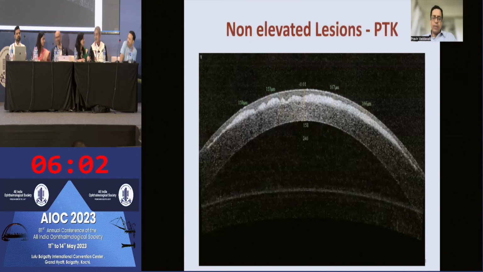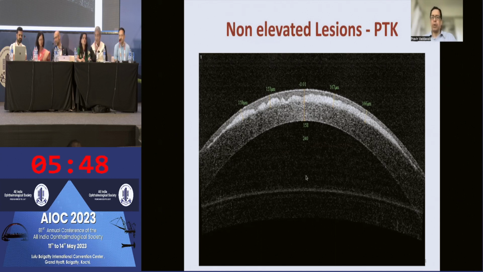The two different kinds of lesions on the cornea can be categorized into non-elevated lesions, which have a smooth epithelium in spite of the opacity being irregular. This happens over time because of the amazing potential of the epithelium to smoothen the surface of the cornea, and it can be imaged by topography to identify the amount of smoothness or irregularity on the surface.